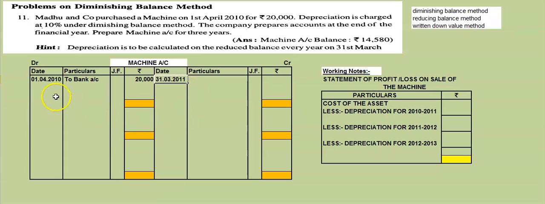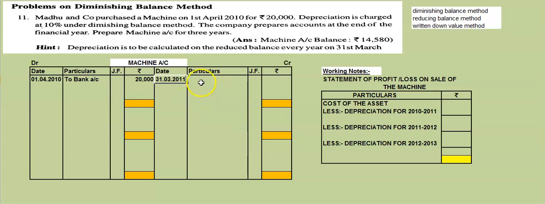Because our purchase of the machine is in 2010. Year end is March 31st every year. March 31st will come for 2011 only. From April, May, June, July, August, September, October, November, December, January, February, March. So from April we have to start to the next March. 9 months belong to 2010 and 3 months belong to 2011. So like that you will have to count 1 year.